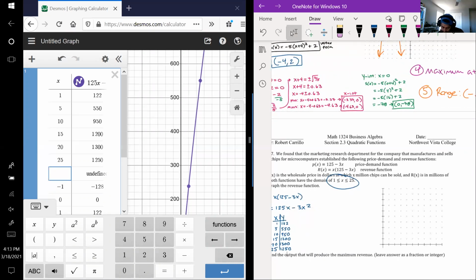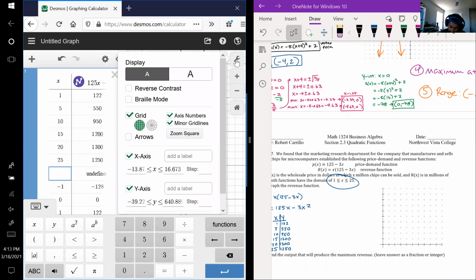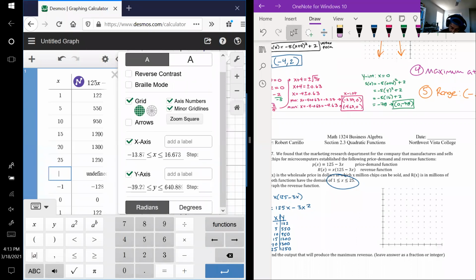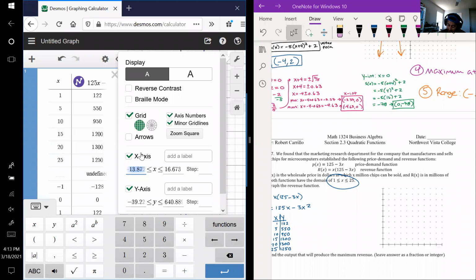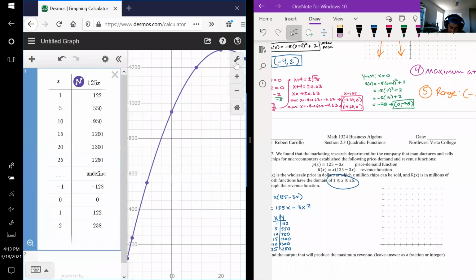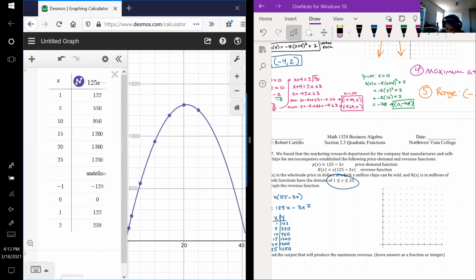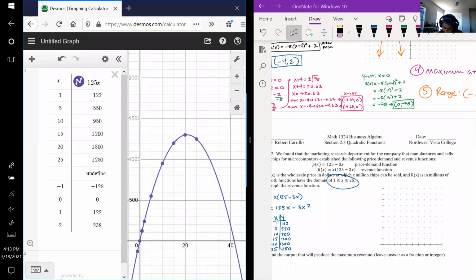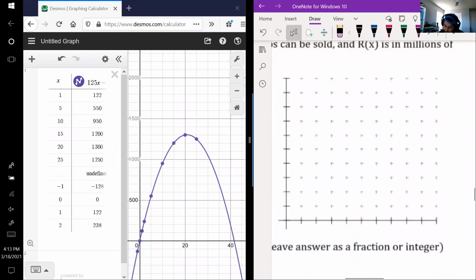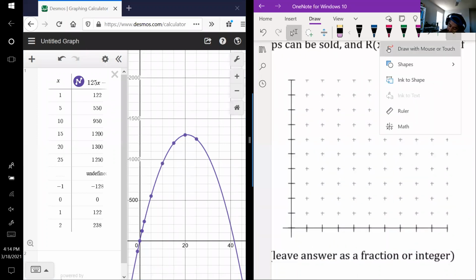Okay. Which means that it looks like the highest Y value we go is to 1300. So let me go ahead and fix my dimensions on Desmos. So for my X values, we're going to start at 1 and go to 25. For my Y values, let's start at 0 and end at 1300. Hey, look at that. That's nice. Okay. So over here, let me just label appropriately.